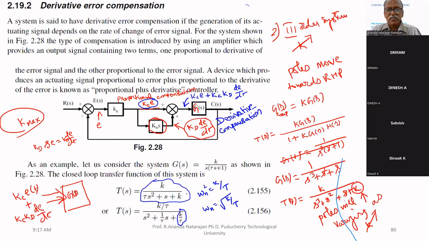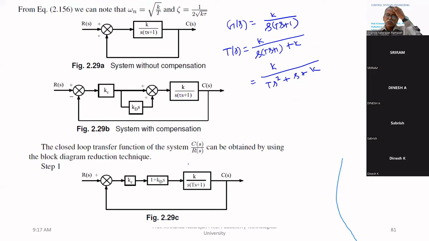Tau s square plus s plus K we got. So this is the open loop transfer function. In closed loop, we got this.